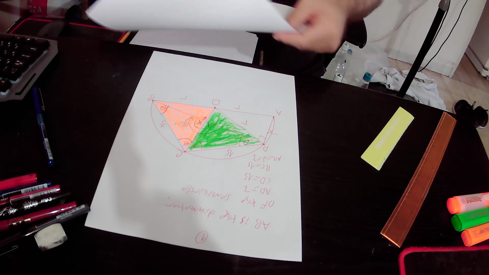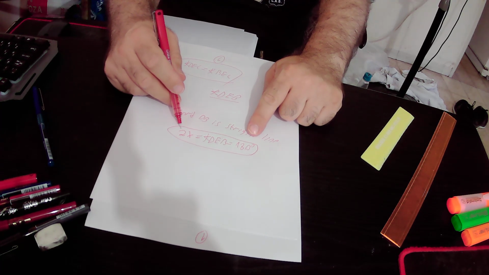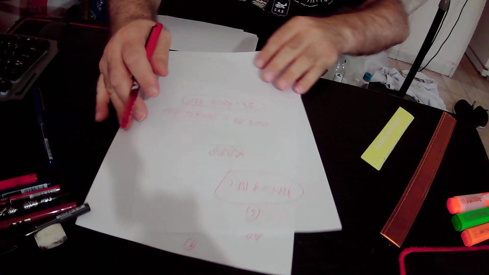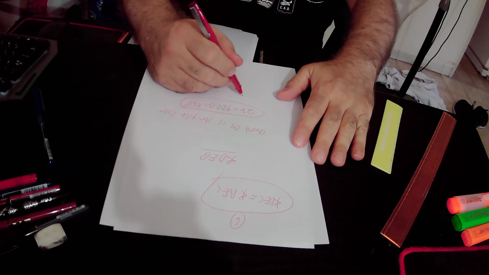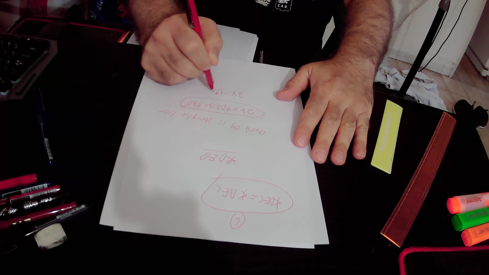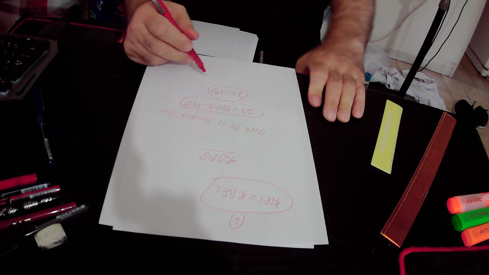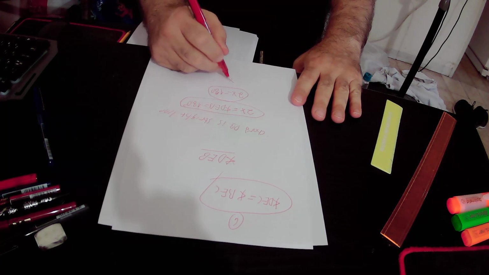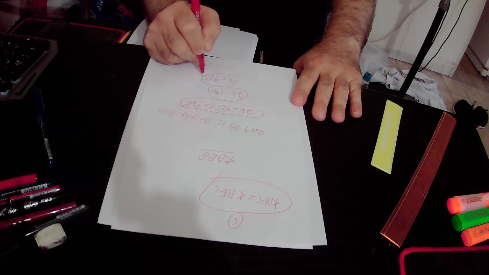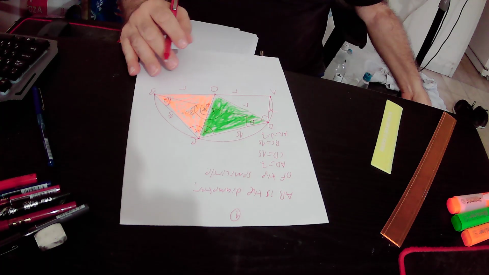So, from this equality, we can deduce that 2x equals 180 degrees. Here we can divide this equality by 2 and we will get that x equals 90 degrees. So we found out that the size of angle x is 90 degrees.